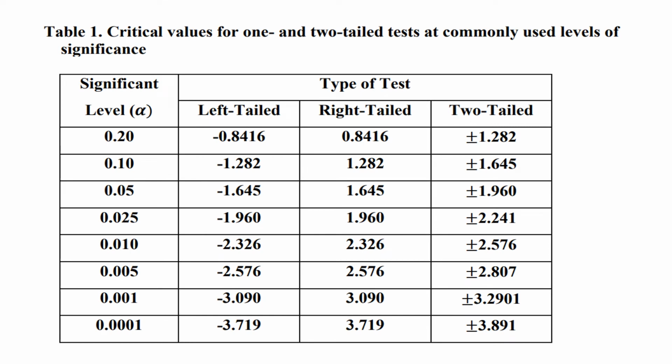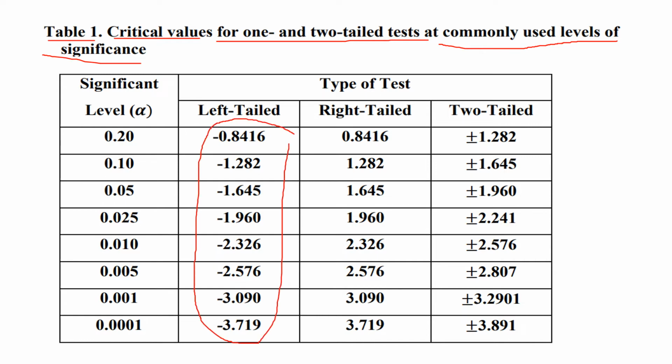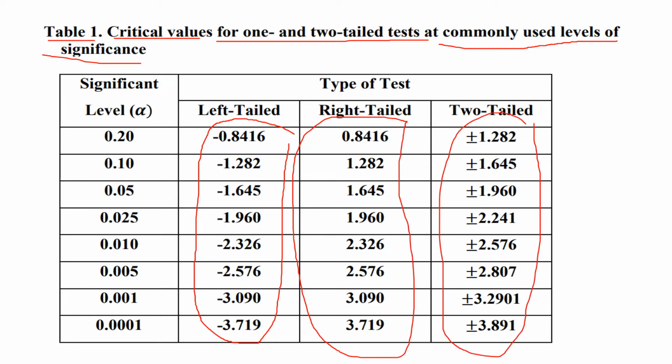So for this slide, we're going to deal with Table 1 that will represent your critical values for one- and two-tailed tests at commonly used levels of significance. Here there are given critical values for left-tailed, right-tailed, and two-tailed tests with respect to the given levels of significance.